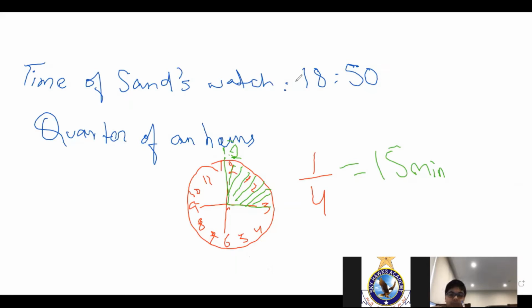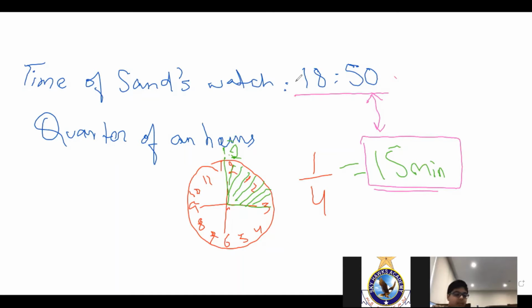The time shown on Sandy's clock is 1850, and we have to find the time 15 minutes later. So what will you do? You will add 15 minutes to 1850.